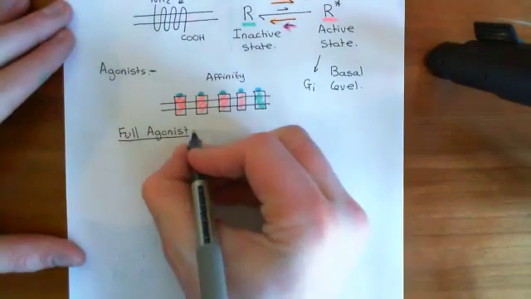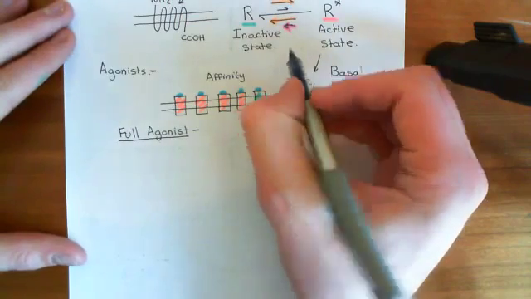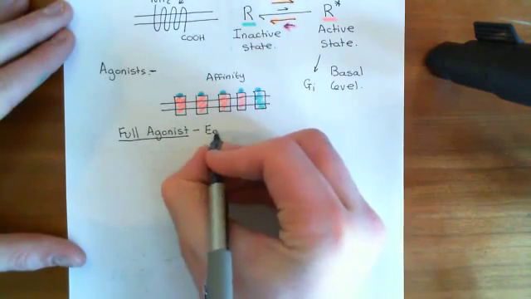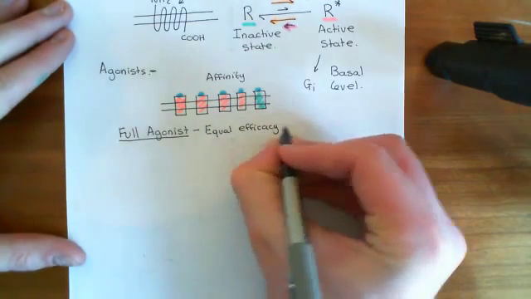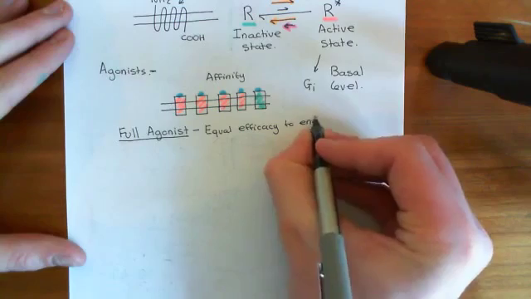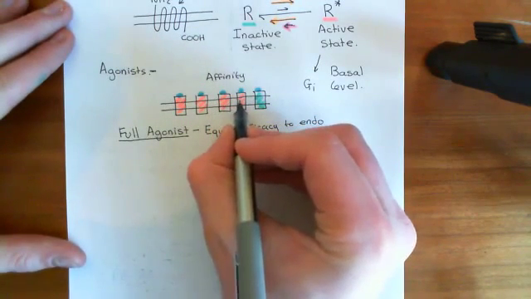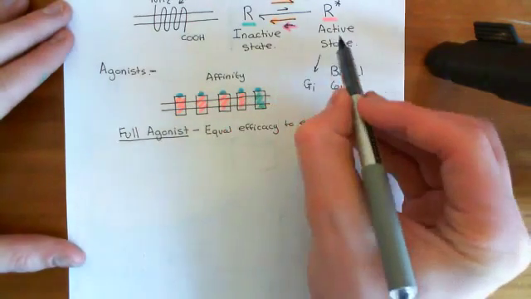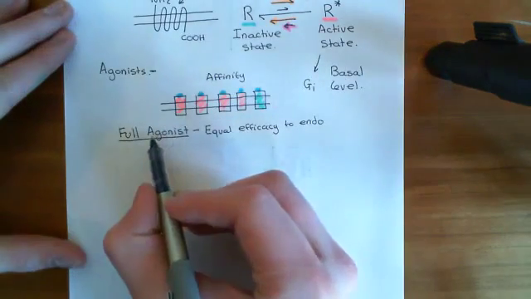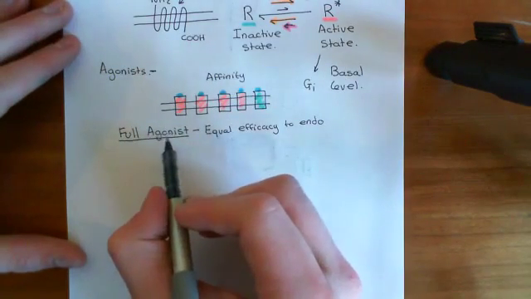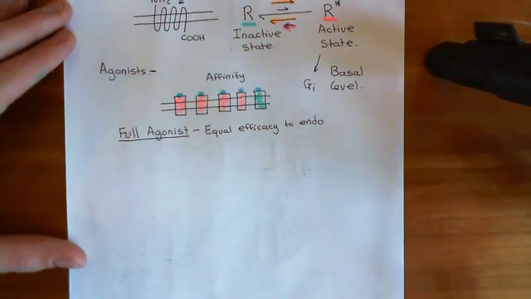These are drugs which have equal efficacy to the endogenous ligand, i.e. of the receptors which have the ligand molecule bound, the percentage of those receptors which will be in the active state will be the same as the percentage of ligand-occupied receptors which will be in the active state for the endogenous ligands, i.e. the endorphins.